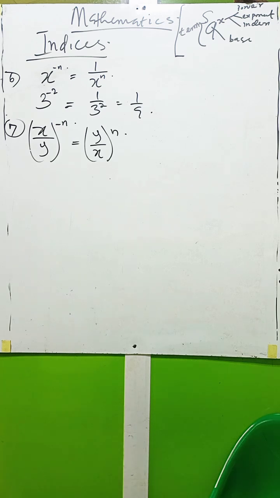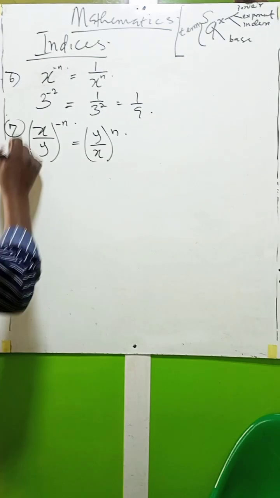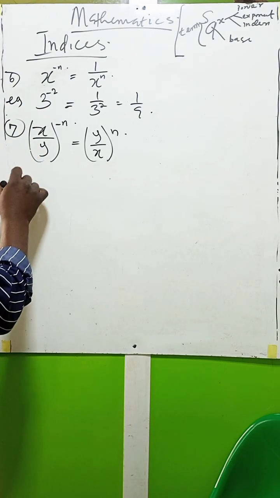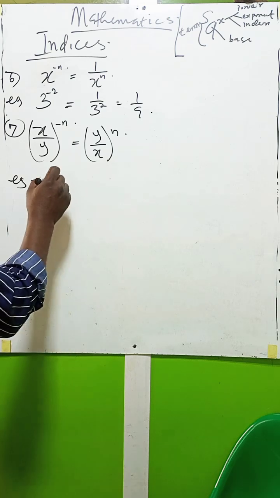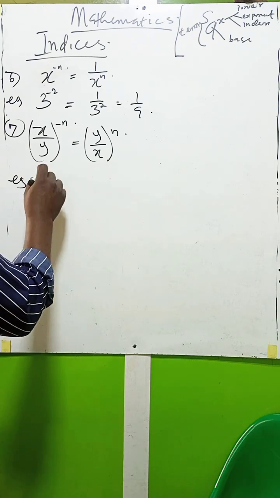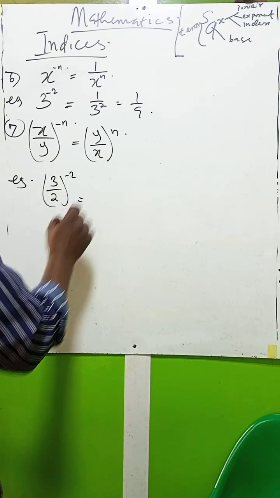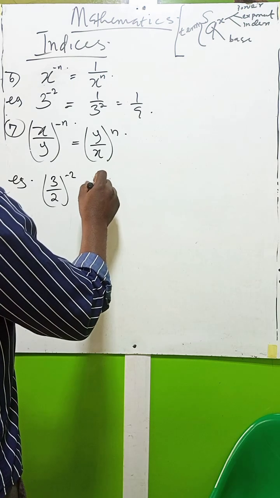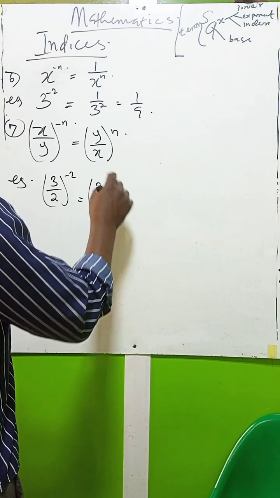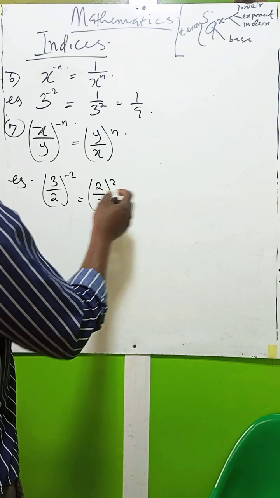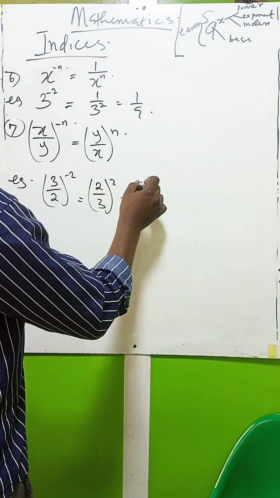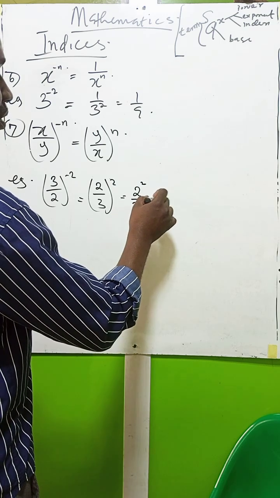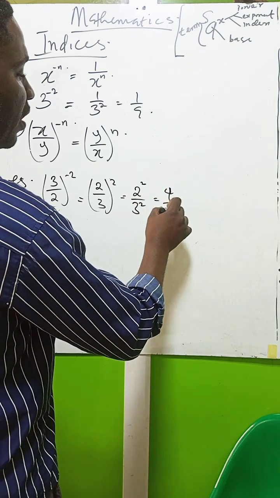For instance, we have, for example, 3 over 2 raised to the power minus 2. The result becomes 2 over 3 raised to the power 2. And that gives us 2 squared over 3 squared. This is 4 over 9.